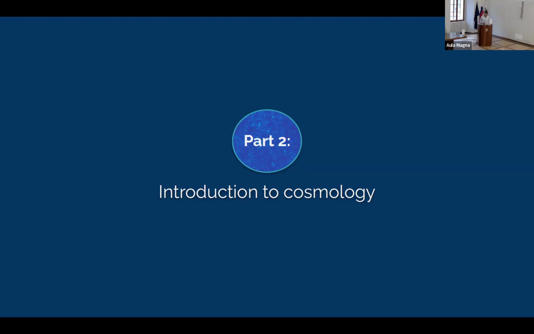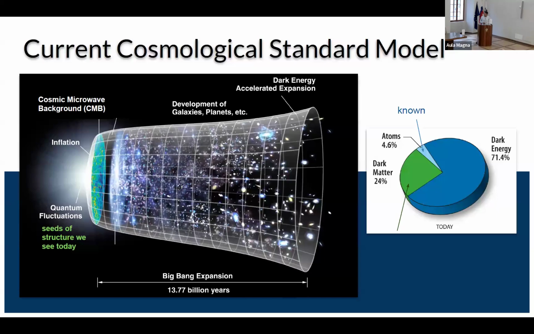But now let me first tell you a little bit about cosmology, what we want to do there. Well, we have the standard cosmological model, which is a Big Bang model starting from some seeds of initial structure. The seeds come from inflation, and then the universe is expanding and cooling down, and the structures are growing due to gravity.